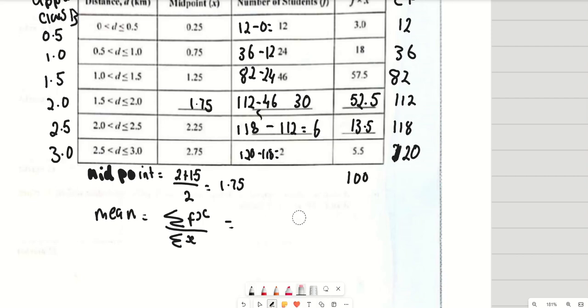The summation of fx would be all these. So let's just add it up very quickly. 3 plus 18 plus 57.5 plus 52.5 plus 13.5 plus 5.5 is actually not 100, it's actually equal to 150. 150 over the summation of x. x is actually your midpoint.